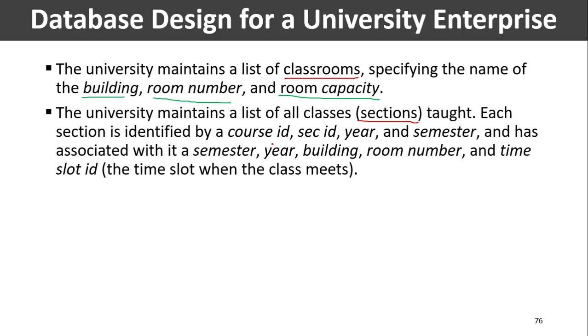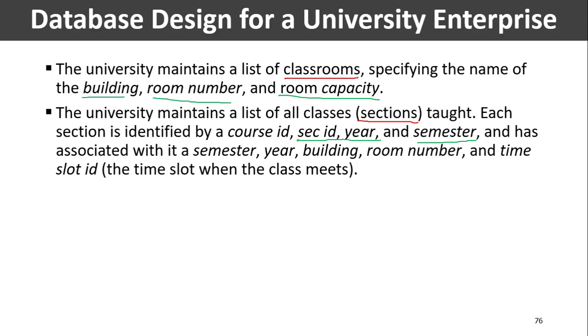So indirectly it gives us the intuition that the sections belong to the courses and depend upon the courses, and each section is identified with a respective course ID along with the section ID. So section ID is an attribute of this section entity set, year is an attribute of the section entity set, semester is an attribute of the section entity set.